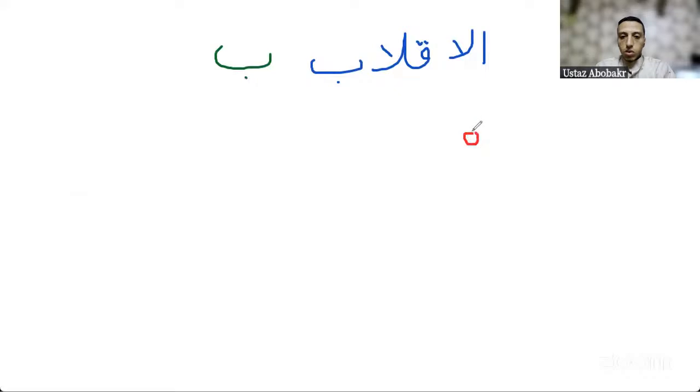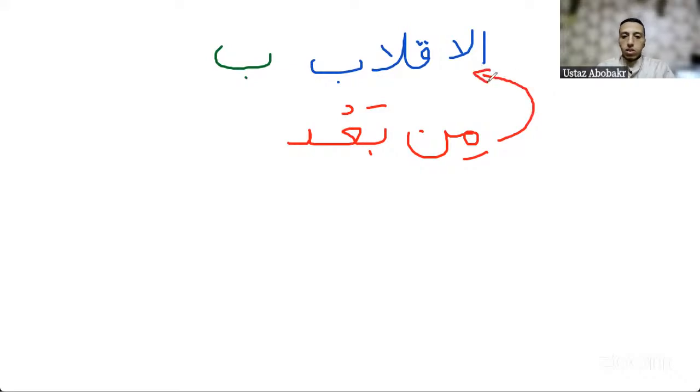So I have a word right here which is min. Min has a nun sakina. Nun has nothing on it. And the next word is ba'd. If we look closely here, we can see letter ba is coming after a nun sakina. That means this noon must be read with applying this rule.